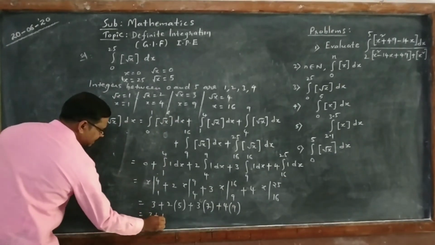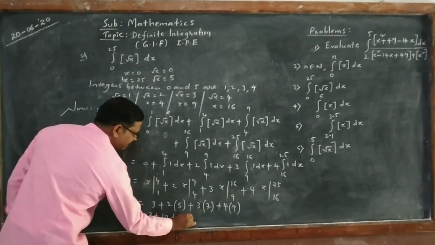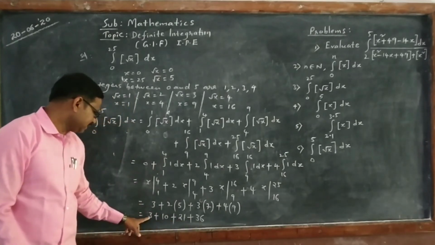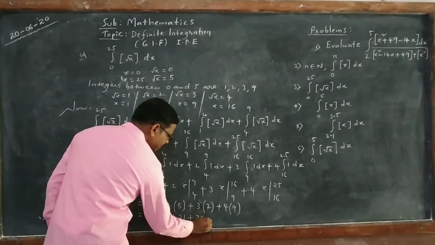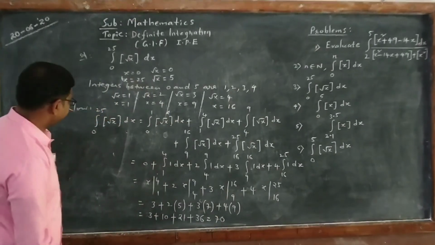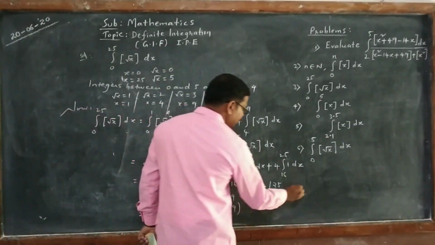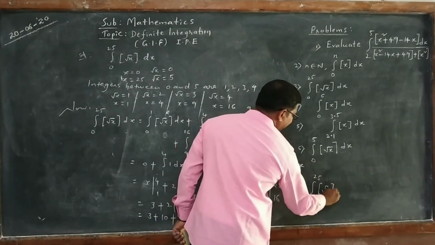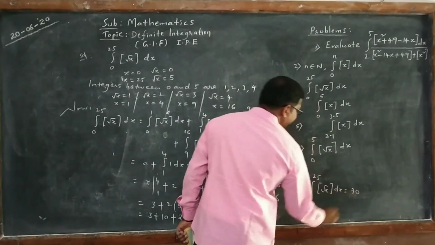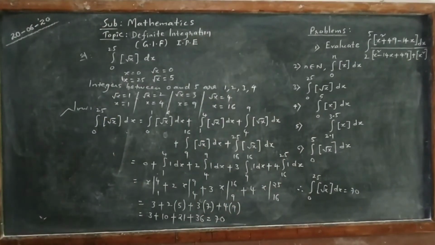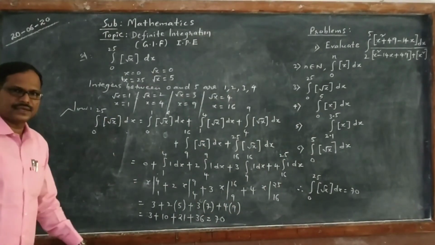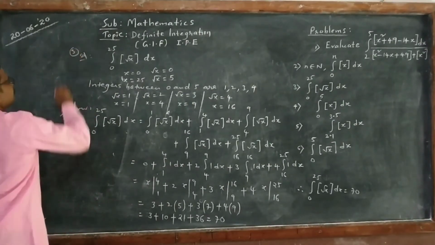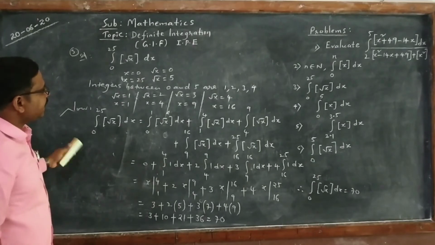So 3 plus 10 plus 21 plus 36 is 70. So what is the answer? Integral 0 to 25 of [root x] dx has the value 70. Is that clear? This is the procedure. This is the third one's solution. Clear?